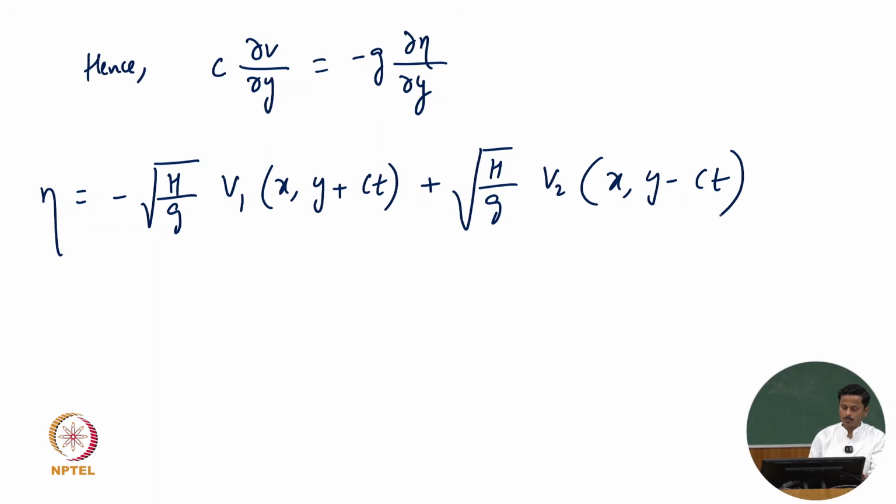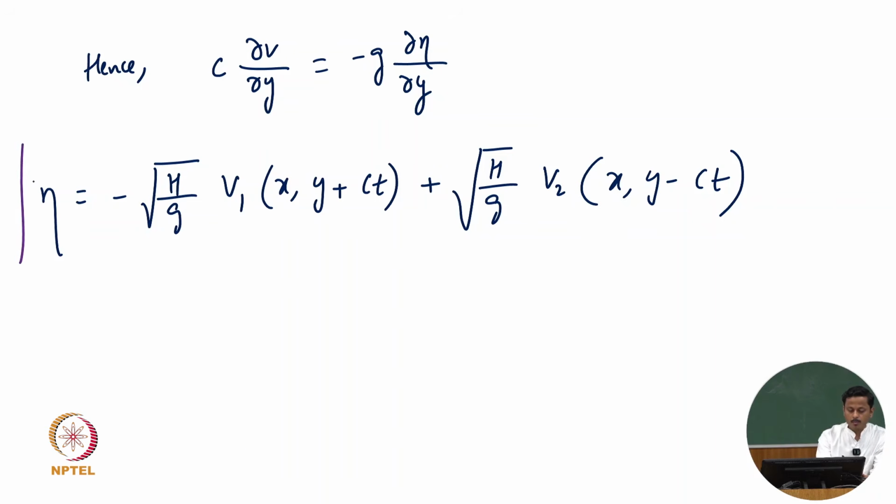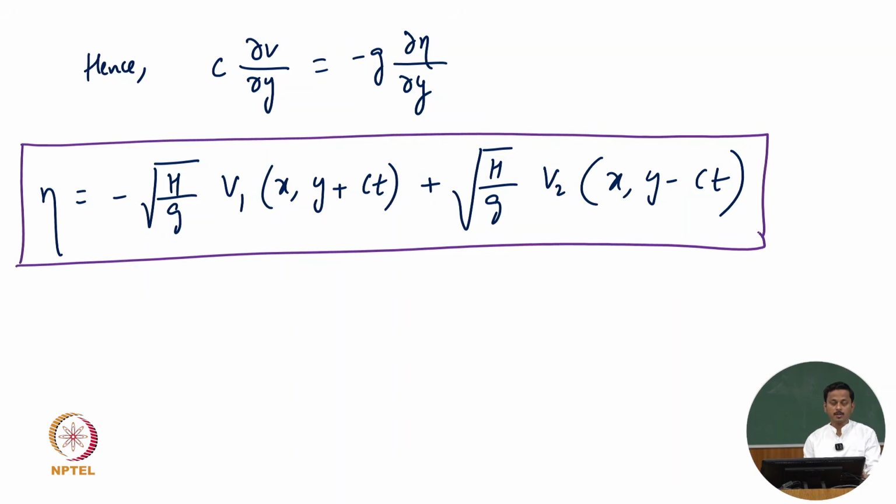So this is the form of the surface elevation of the free surface when we assume the u velocity to be 0, that is, in a Kelvin wave situation.